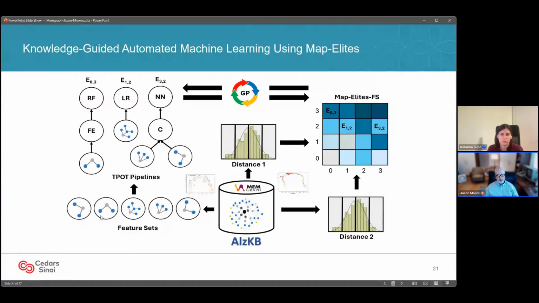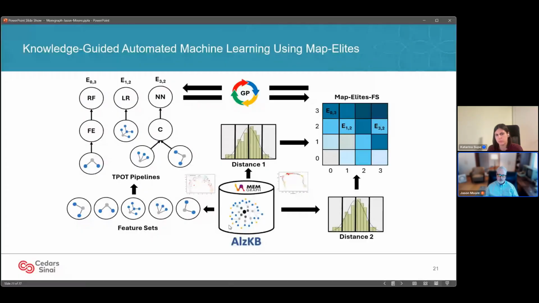By creating feature sets, variable sets that are tied to FDA-approved drugs, when we find something interesting using the machine learning, we can go back. We know it's a gene set tied to an FDA-approved drug, and then that drug becomes a candidate for being repurposed for Alzheimer's disease. That's why we're organizing it in this way, to make the machine learning results more interpretable.